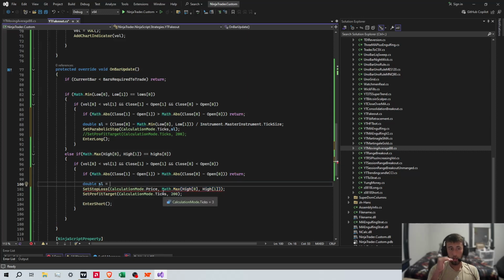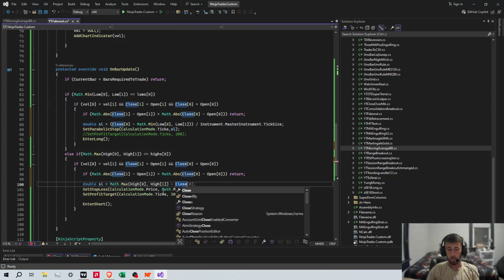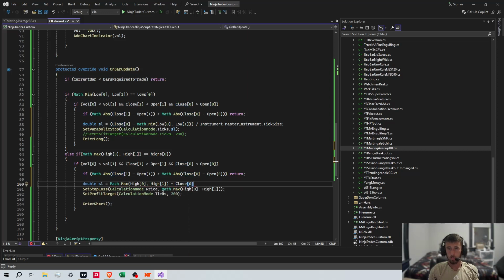Since it's short, the close is going to be less than, right, here's our stop loss, because we're selling. So we got to do this minus close 0. Get parentheses around that. And then divide by instrument.master instrument.tick size.